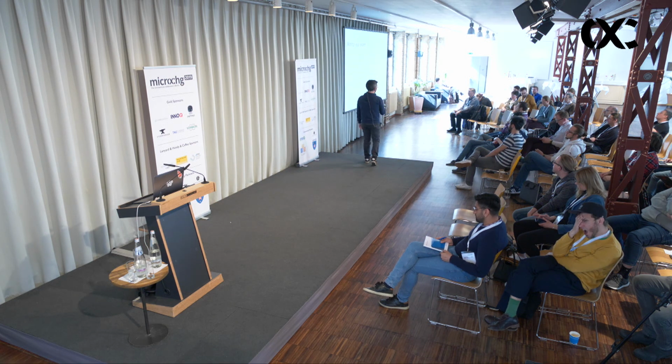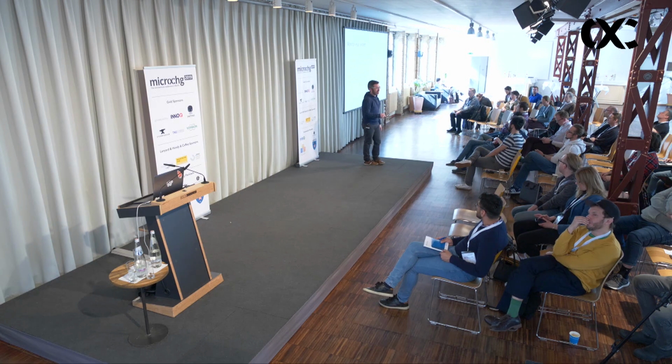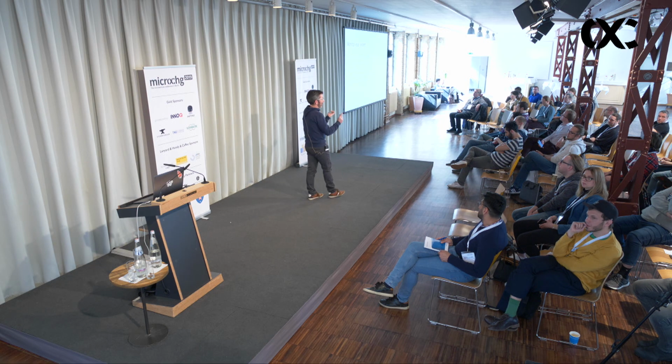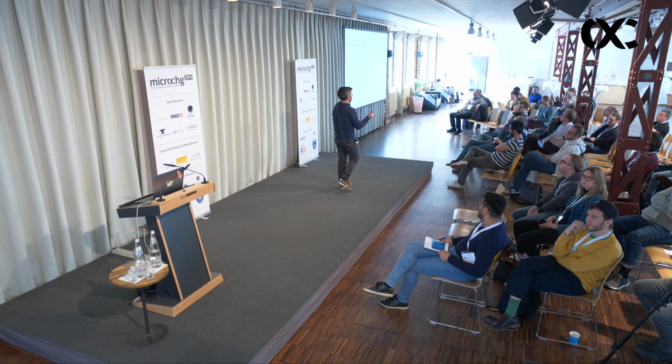And another very important topic that still way too many people forget: you are monitoring Kafka, but you should monitor CPU, disk, I/O, and file handlers as well. Because if you don't have enough file handlers, the broker says, I'm going to die.